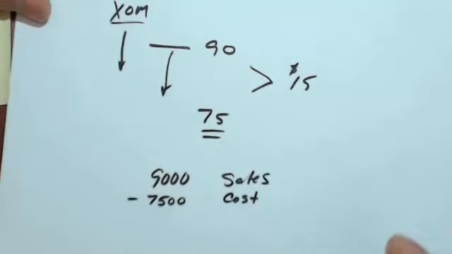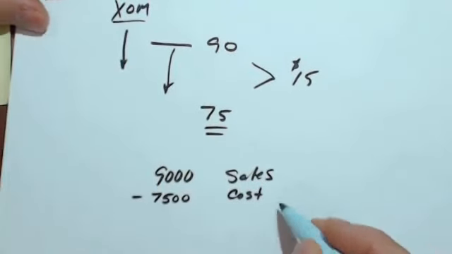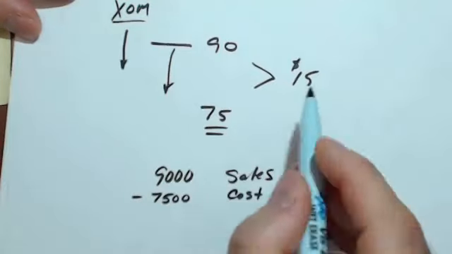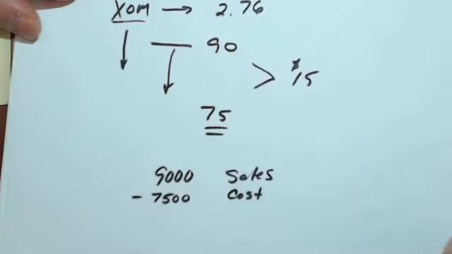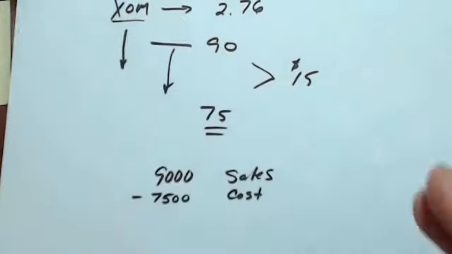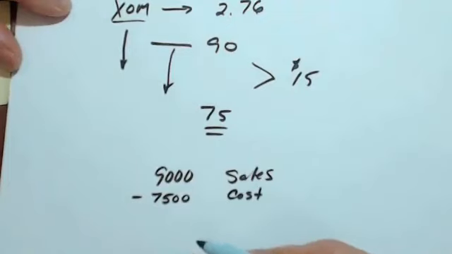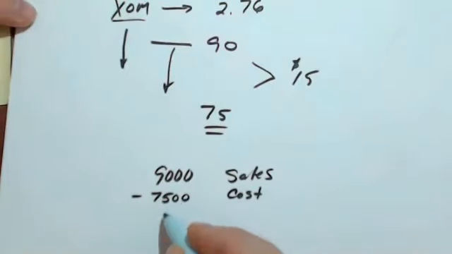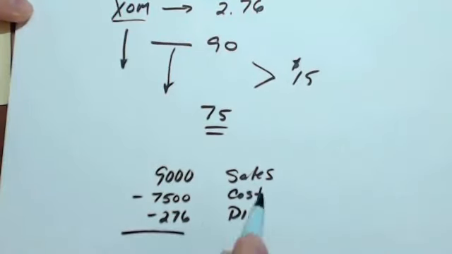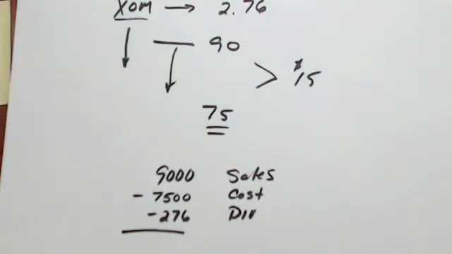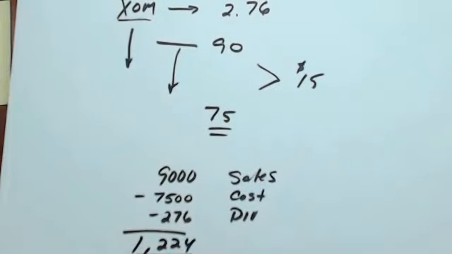It's a big company, and if you look it up on the web, you'll find that ExxonMobil pays $2.76 per share per year. So if you short sell this stock, say over a year, then you're going to have $276 in dividends that you're going to be responsible for. And so your overall profit is going to be $1,224 on this transaction.